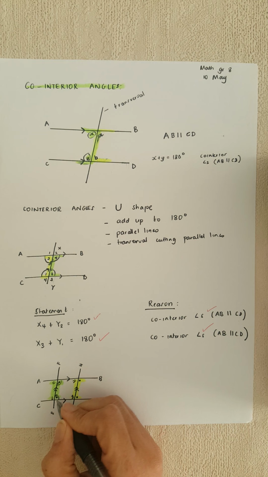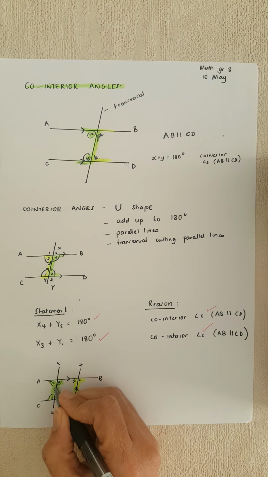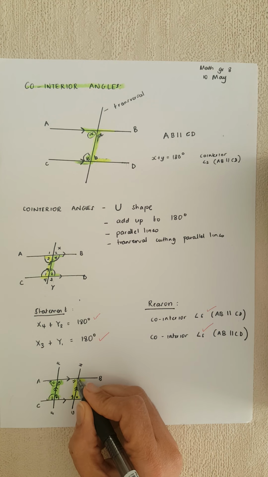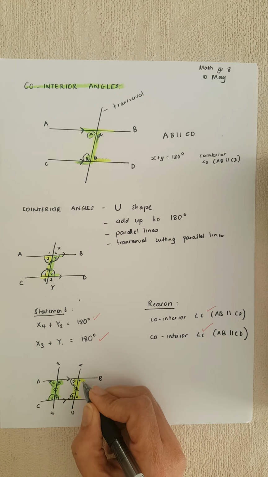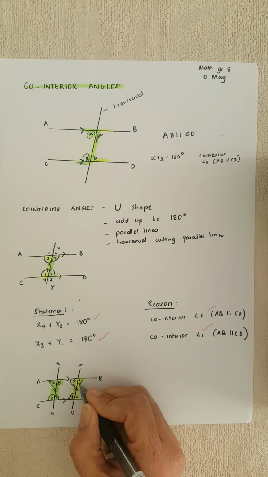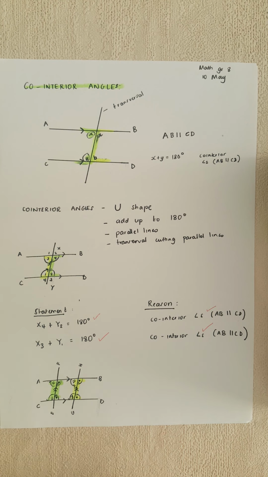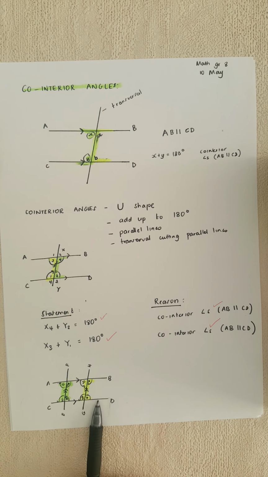That's inside the U there. This angle plus this angle is 180. There's another U. Here I've got X plus Y. Here's the angle here, and here's the angle there. And there's another U here. So this angle plus this angle is also going to be 180 degrees. Can you see how we find it? And then there's another set of parallel lines there. Okay, so I'm going to show you in the example how you work it out.